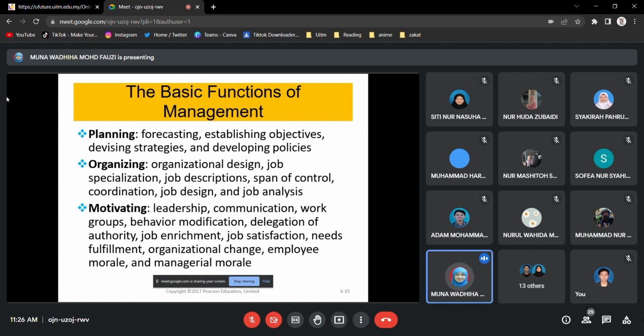Other than that, in terms of job satisfaction, job satisfaction is really important, because it is about how we feel towards the organization. If you enjoy working, you like it very much, we can categorize it as job satisfaction.